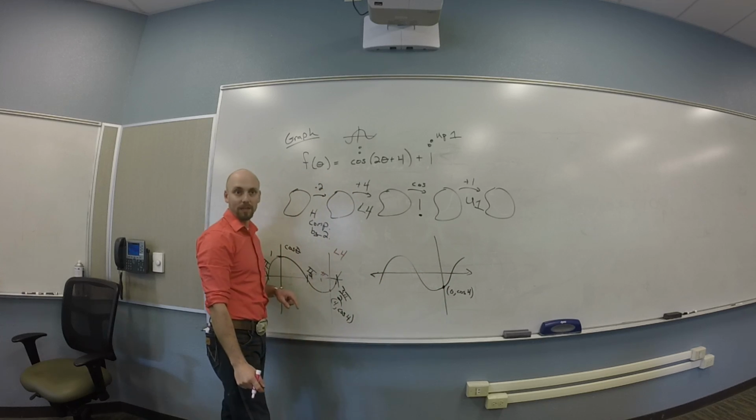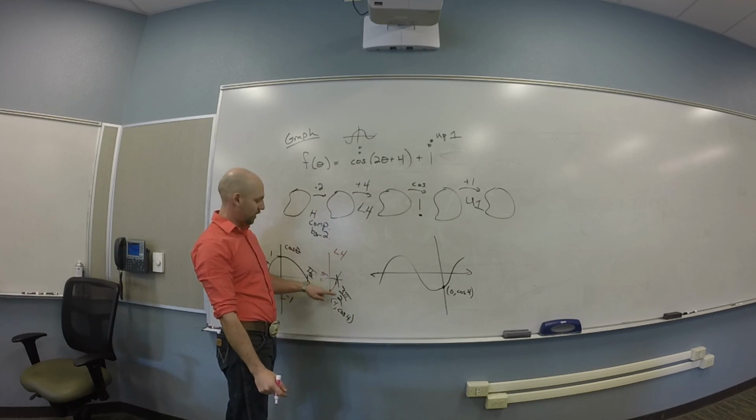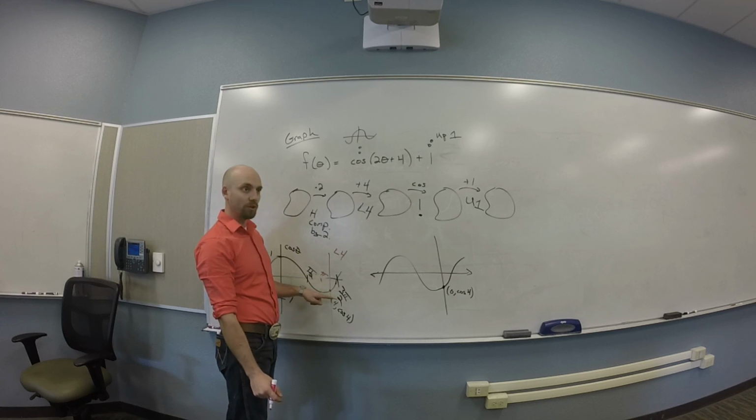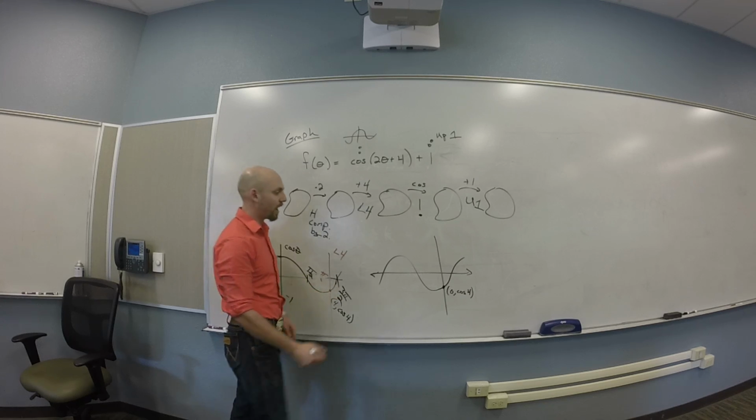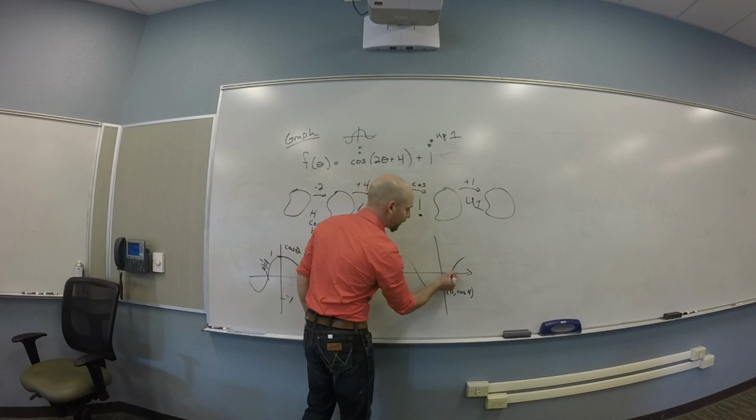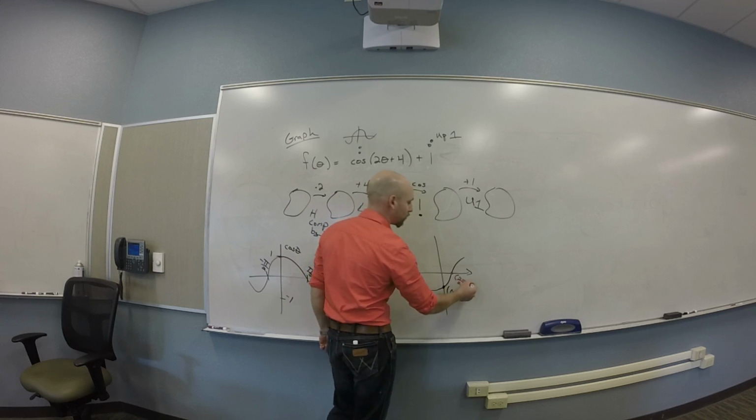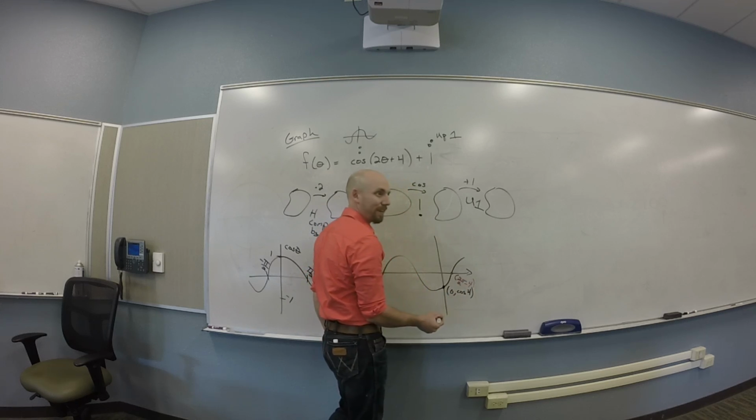So this value here, this first crossing off of my new y-axis, was at 3 pi over 2 in the old school. So now what's the x-coordinate for that thing? 3 pi over 2, and then I subtracted 4 from it, right?